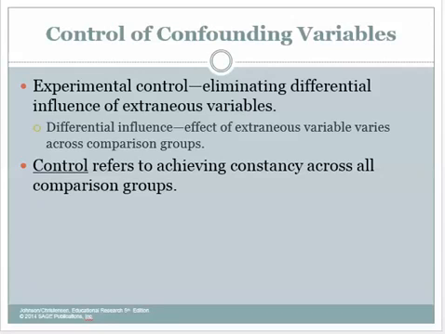In all of research, we have confounding variables, this idea of extraneous variables. But what happens in an experiment is because people are randomly assigned, we assume that we'll have the same amount of that confounding variable in each assignment group.